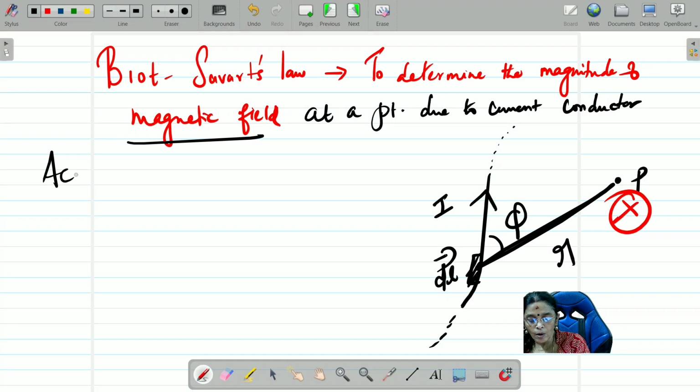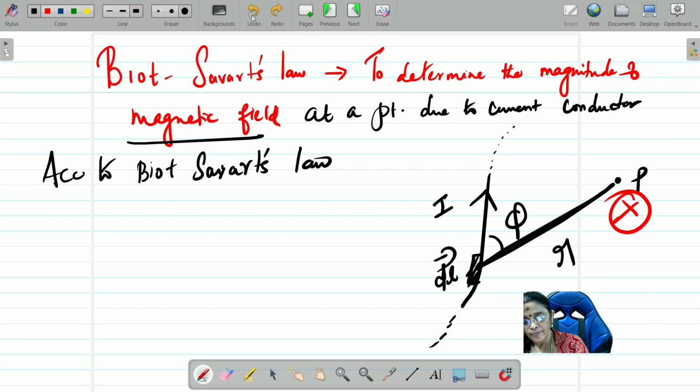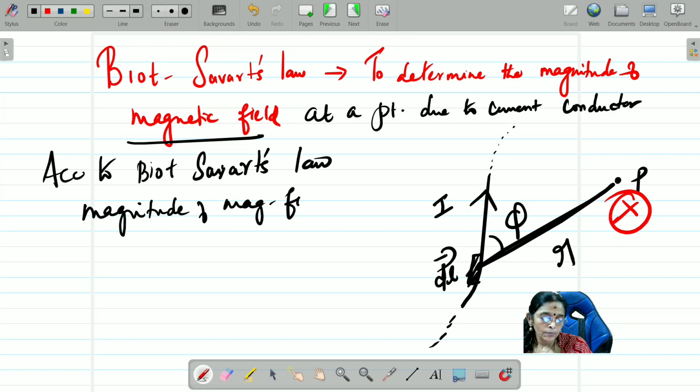According to Biot-Savart's law, the magnitude of magnetic field dB due to a small elementary portion.